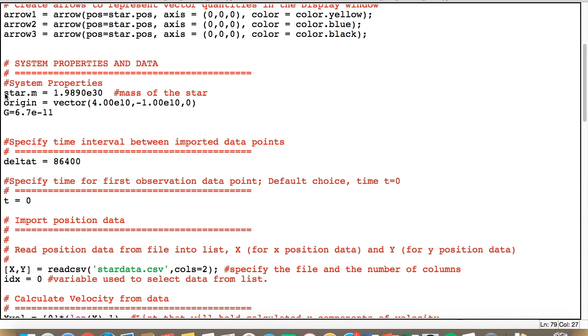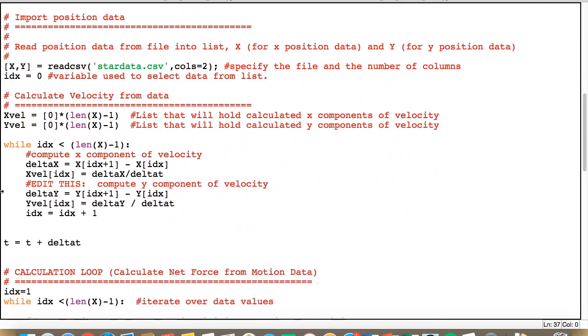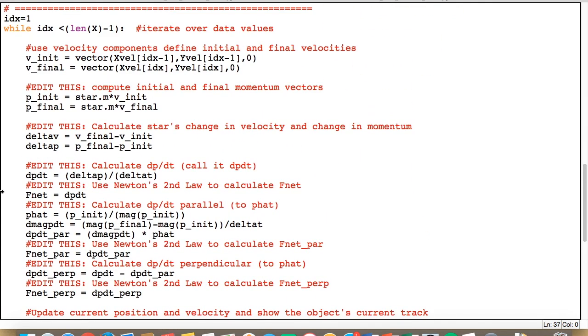As stated before, here is the star's mass, and the origin, which is set to be the black hole's position, because it is the center of the orbit of the star, our gravitational constant, 6.7e-11, the time step, 86,400 seconds, and our initial time, which is t equals 0 seconds.